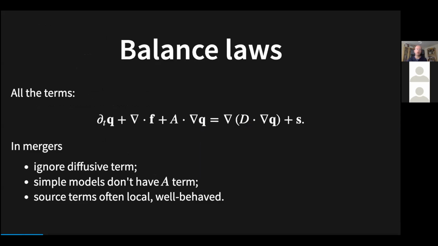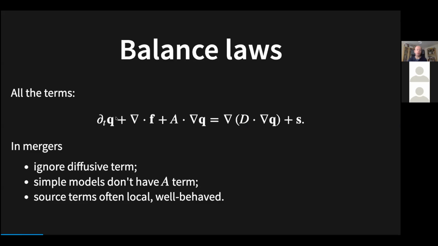To summarize the discussion of the equations of motion, the full form of balance laws that we would typically try and evolve are pretty much as framed here. In fact, this is going rather far beyond what we looked at in the first lecture.